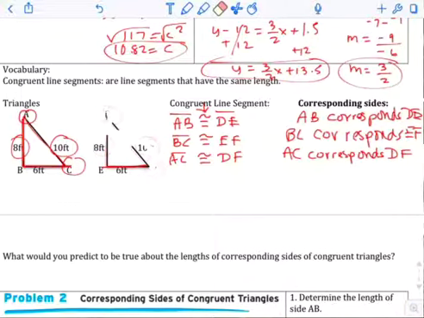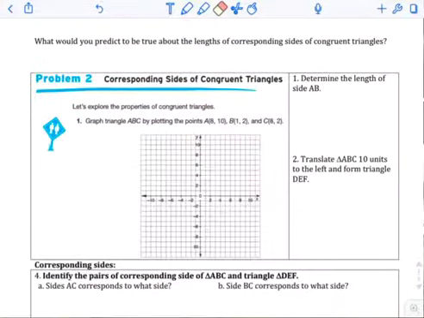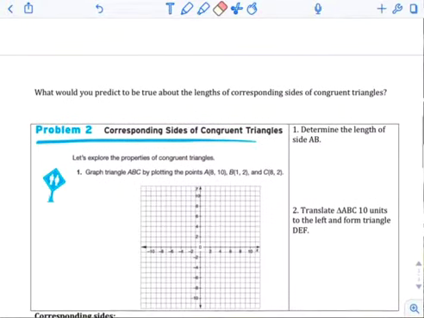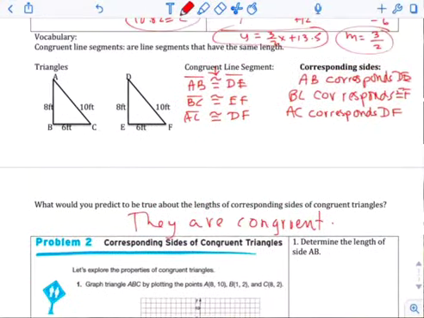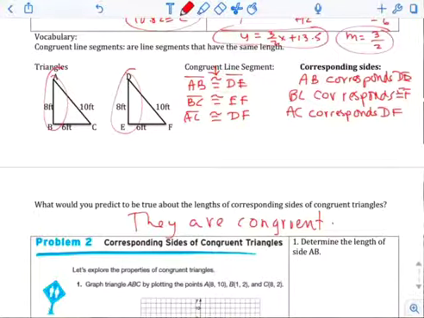Okay, that's how that works. What would you predict to be true about the length of corresponding sides of a congruent triangle? They are congruent. That means they're the same. Notice, AB is the same as DE, 8 and 8. They are congruent.